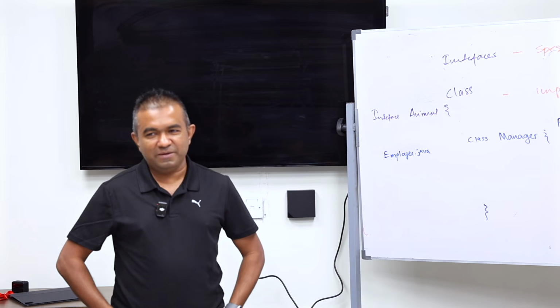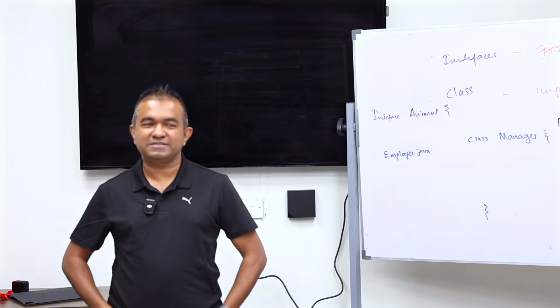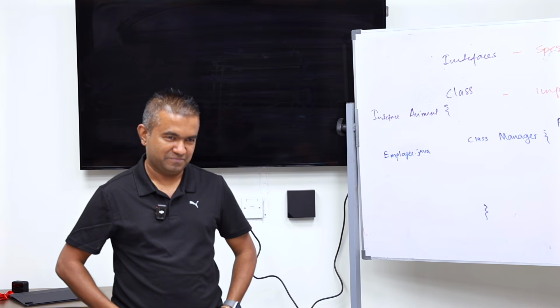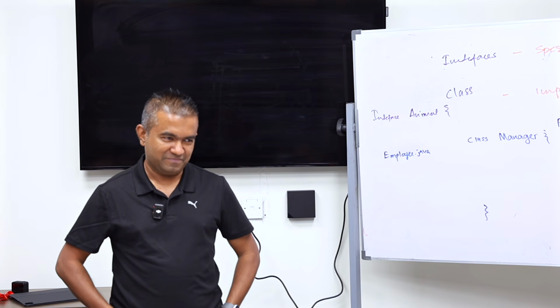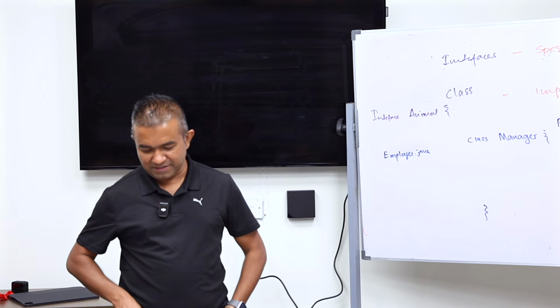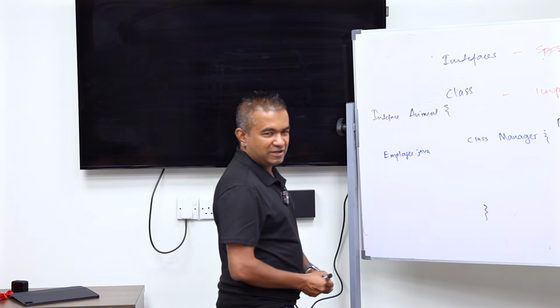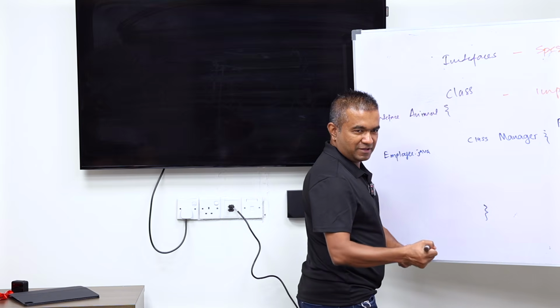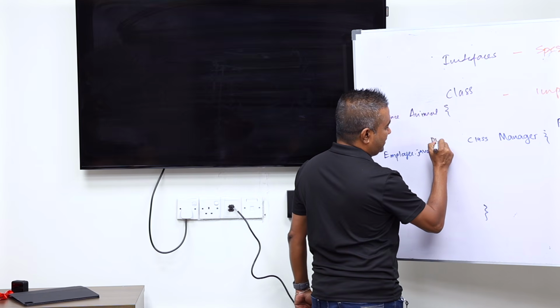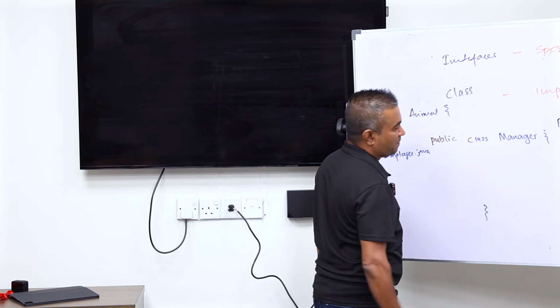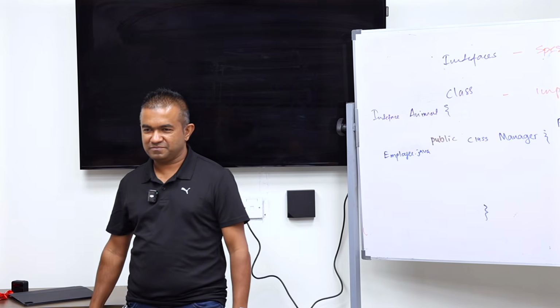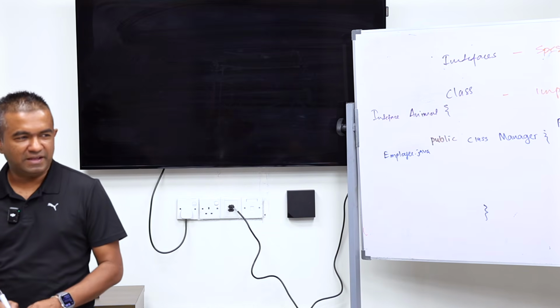Class name and file name have to be the same when the class is public. If the class is public, class name and file name have to be the same. Is this a public class? No. So, this is okay, but if you create this as a public class, then this is wrong. Okay? That is the rule.